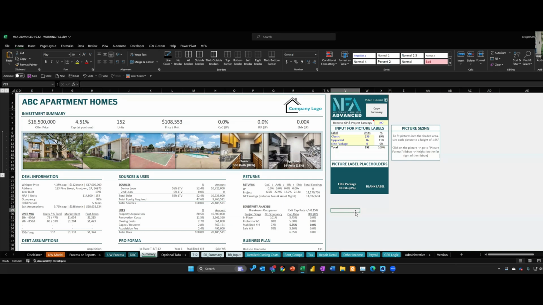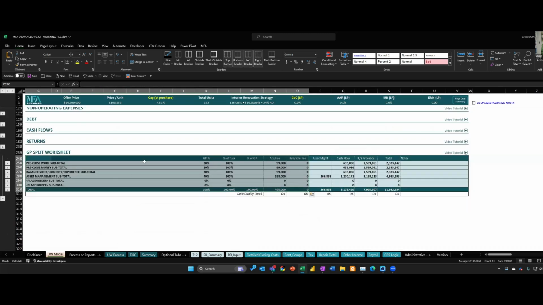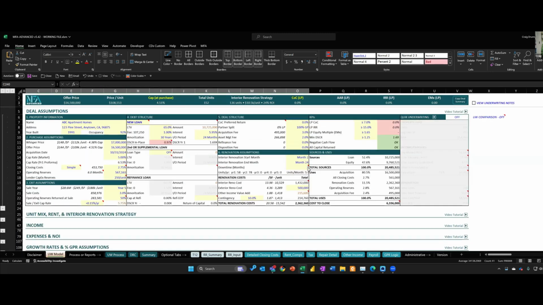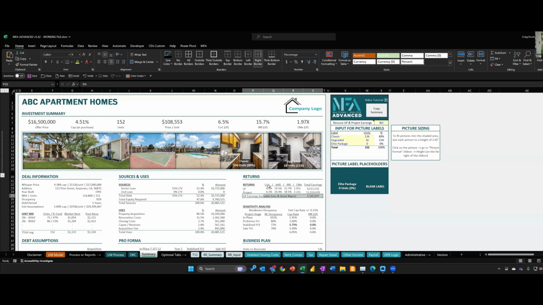Cool. Oh, one other thing I forgot to mention is there's this GP earning tab. Oh, let me fix. So we're not getting any returns because I made it into a JV deal. So let me change that. There we go. So if you're sending this to a limited partner, you probably want to remove your GP earnings portion.